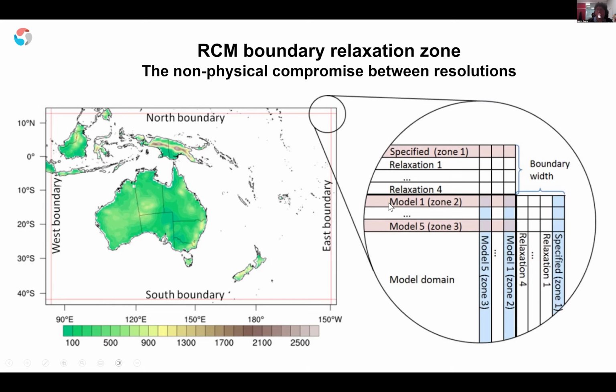By the time we get to what we've called here zone 2 or model 1, now we're in the part of the model where it's at the resolution of our regional model, everything's being solved at that higher resolution. And from there, further on inside the domain, it's all at our regional model's high resolution.